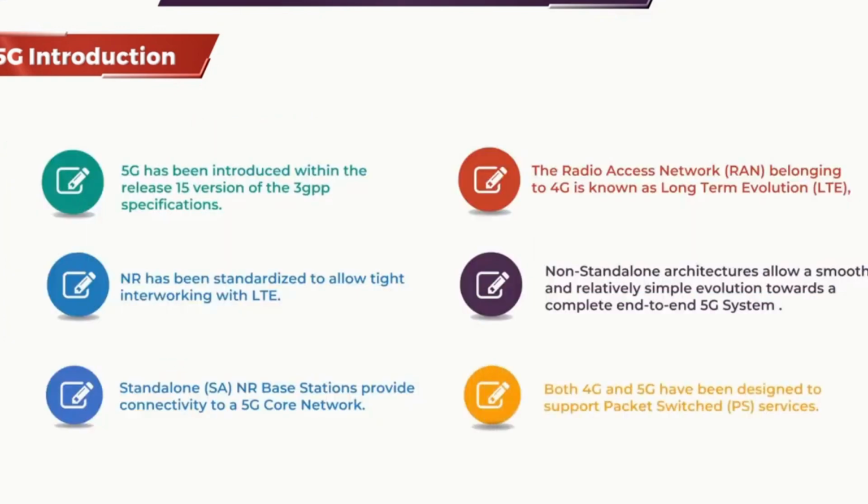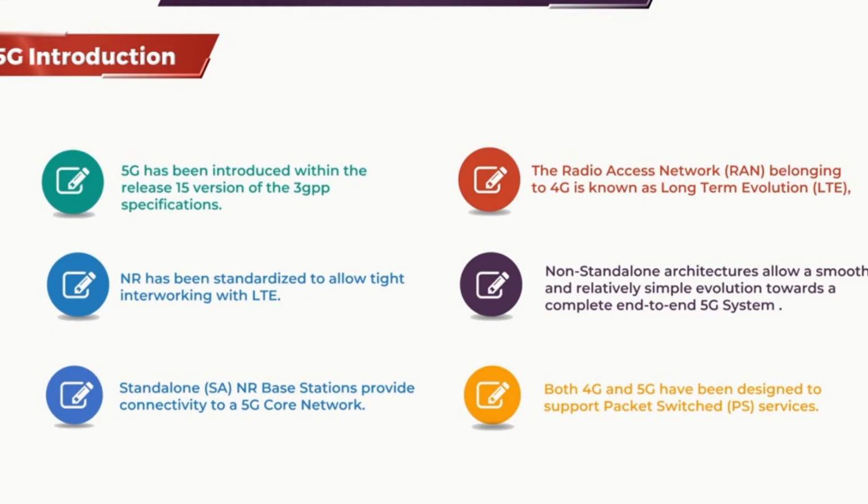Both 4G and 5G have been designed to support packet switched services. 4G supports the speech service using voice over LTE, also known as VoLTE, whereas 5G supports the speech service using voice over NR, also called VoNR. 4G networks support single radio voice call continuity (SRVCC) to allow inter-system handover towards the circuit switched domain belonging to either 3G or 2G.